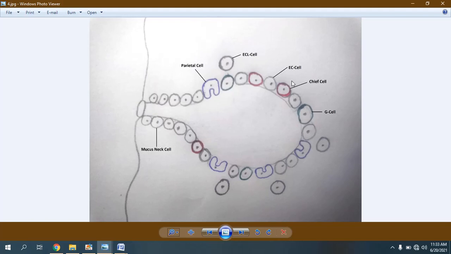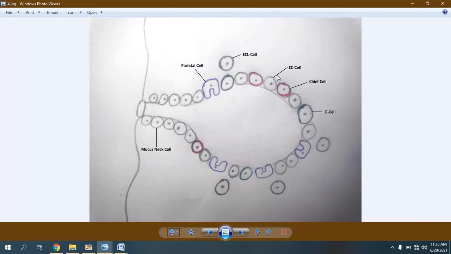Similarly, the chief cell is responsible for the secretion of pepsinogen. The pepsinogen is secreted by the chief cell into the gastric gland lumen, that is later on converted into pepsin, and pepsin is responsible for the breakdown of peptide chains, for the breakdown of proteins.